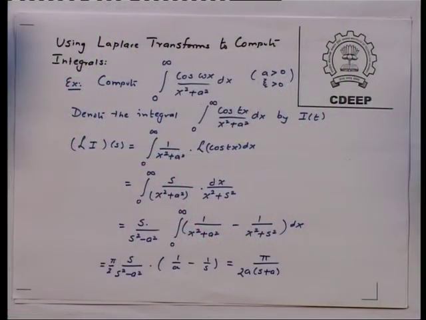So, calculate the integral from 0 to infinity of cos omega x upon x squared plus a squared dx. That is, I want to calculate the Fourier transform of 1 over x squared plus a squared. You denote the integral by I, with cos tx upon x squared plus a squared; instead of omega, I am putting t and calling the integral I of t.